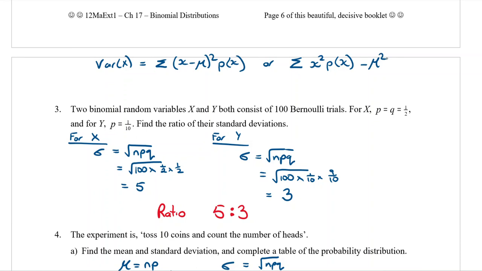Once you've found the variance, the standard deviation is just the square root of that, isn't it? Okay, so we actually had the two different options. I'm going to go with option number 2, the x squared p of x.